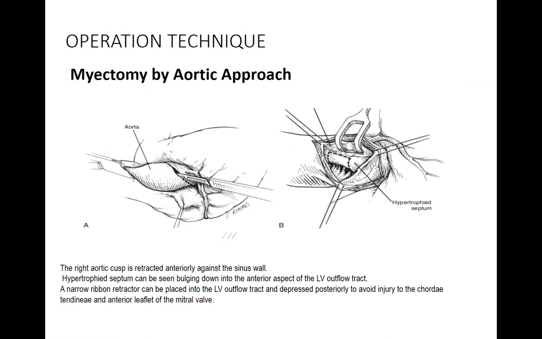Initially, first of all, we go with median sternotomy and cannulation. It depends on my planning if I'm intervening on the mitral or not. But if it is only septal myectomy, then central cannulation and right atrium cannulation, then I will open the aortotomy, exactly like the AVR, going towards the non-coronary cusp.